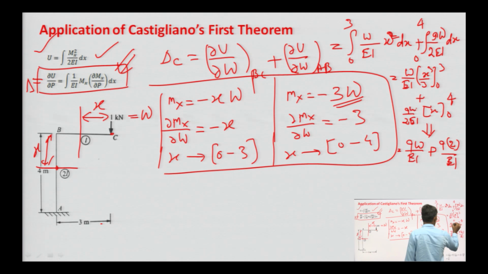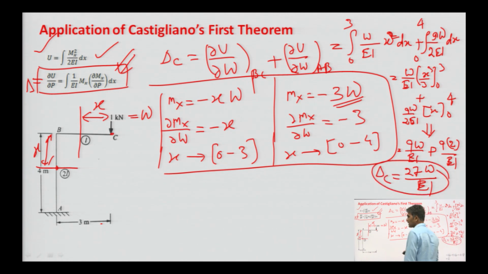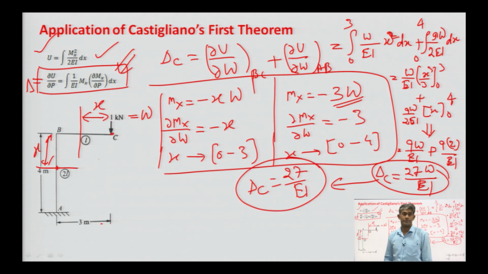So, we get 18 and 9, 27 w upon E I. This is the value of delta C. Now, put the value of w, and the value of delta C will be 27 upon E I. So, this is the procedure.